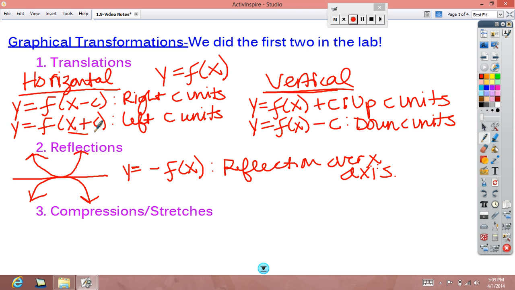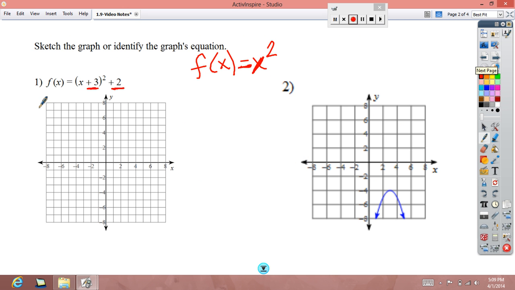Both of those values we had were plus. So the horizontal, inside plus c, is going to move it left, and outside this plus c is going to move it up. So this plus 3 is going to move it left 3 units, and this plus 2 is going to move it up 2 units.